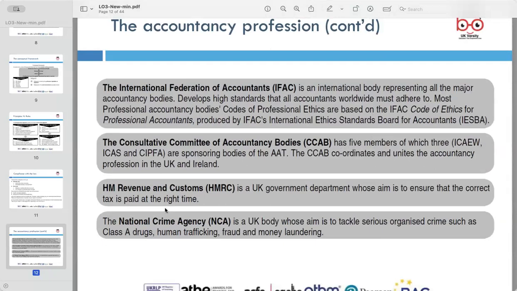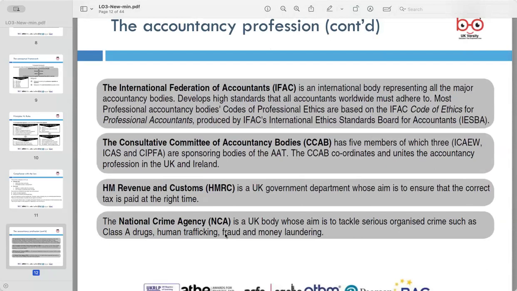HM Revenue and Customs. Definitely, everybody knows about the tax office, or HM Revenue and Customs, and the National Crime Agency. Both play essential roles in regulating and overseeing aspects of financial and accounting practices.